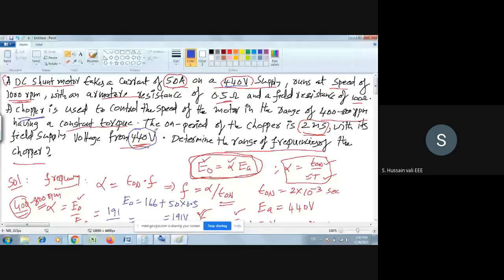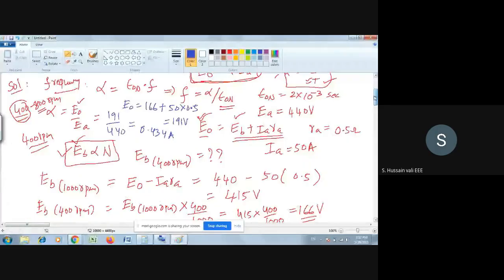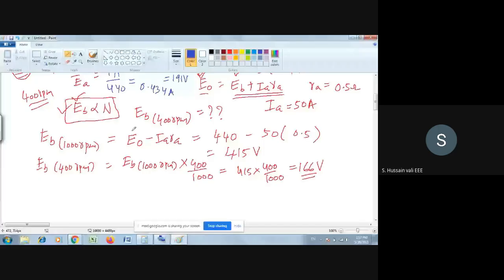We cannot do anything else. For example, if it were some other voltage, then in that case we would take 440 volts only, not that voltage. Let me clarify this. I cannot write EA here; it is E naught only.